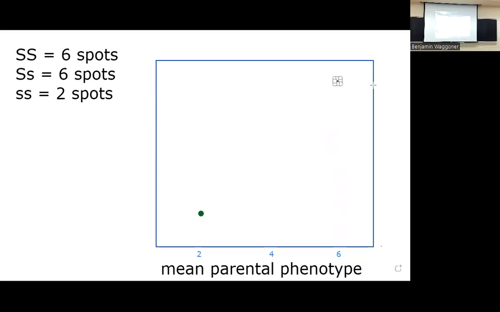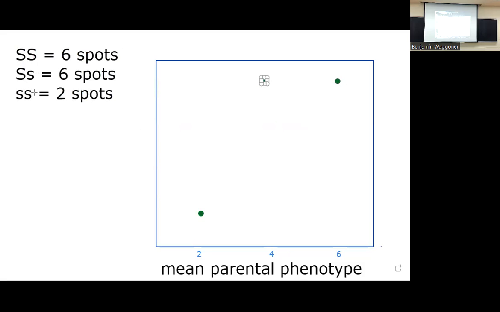If I cross a big S and a little s, though, the mean parental phenotype is 4, but all of the offspring will be heterozygous and they'll all have 6. So I end up with a point where the mean parental phenotype is 4, the offspring have 6. So that point's up there. The mean parental phenotype is 4, right?